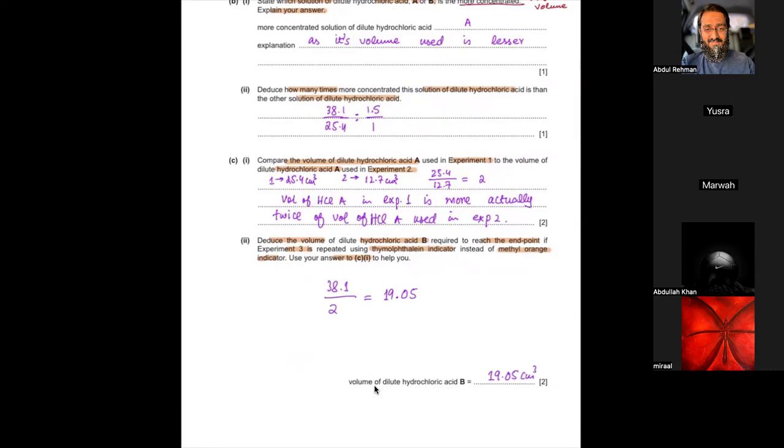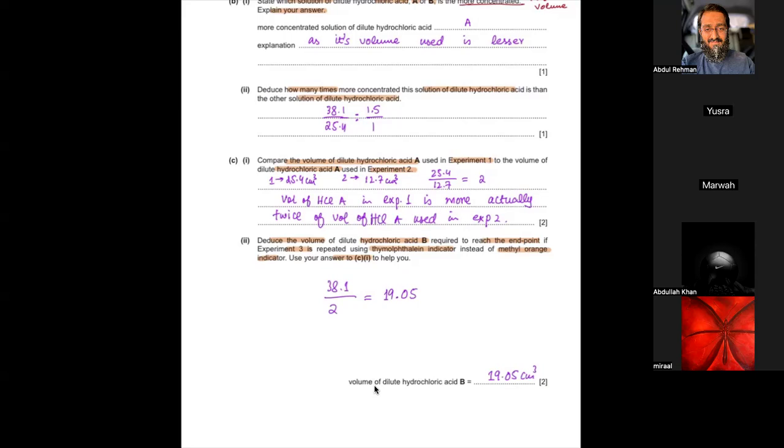Sir, what could be the reason for such different readings of volumes using different indicators? See, they haven't mentioned anything about that, but sometimes it happens that the indicator is also taking part in the reaction.